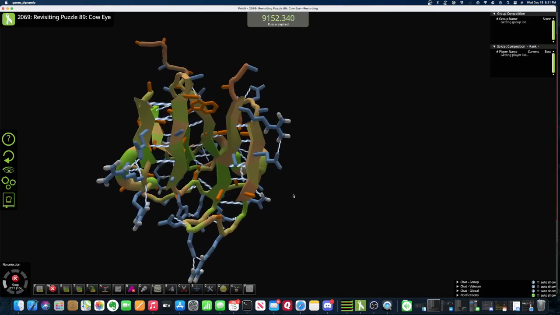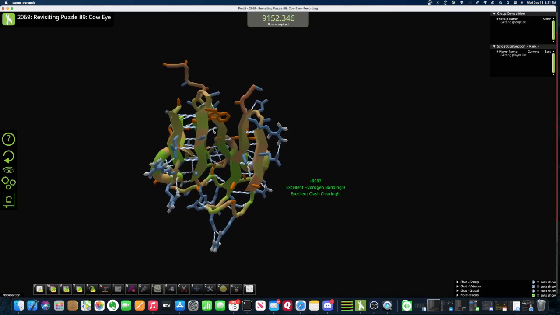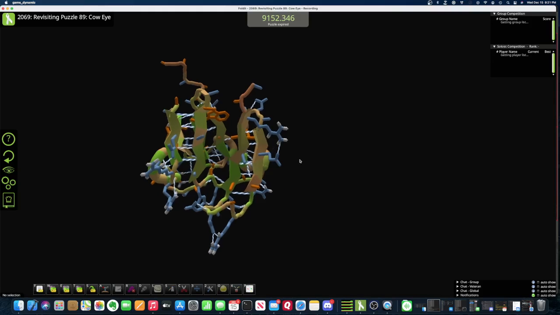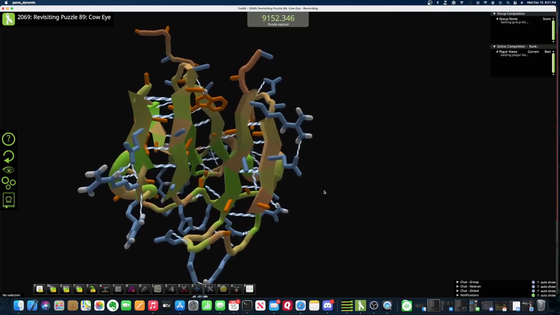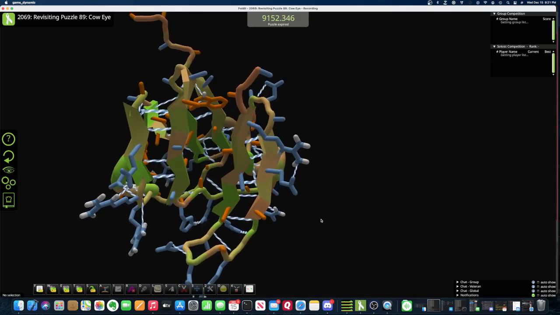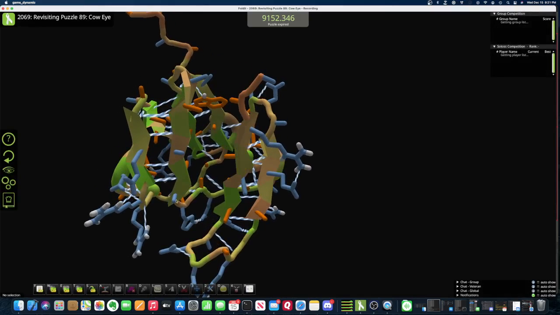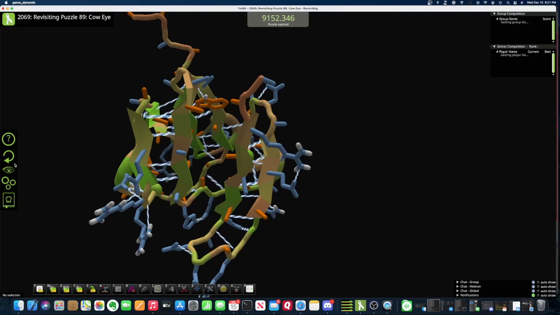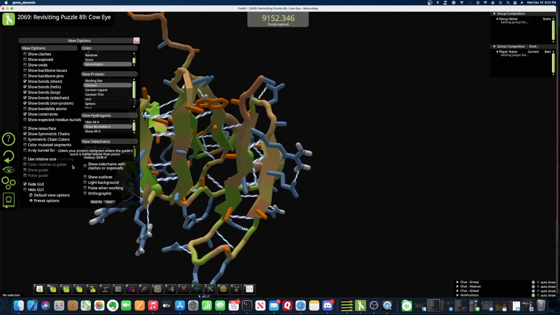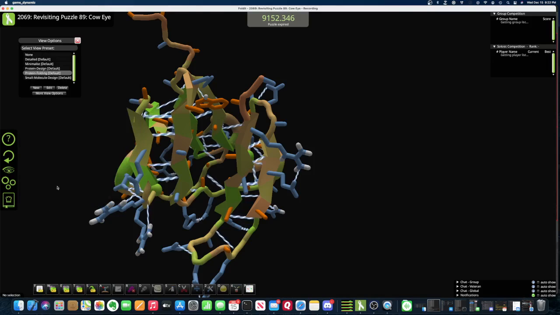The next thing we can do, since we looked at it and said these may want to be together, is see how we would fit them together. I should set my view options to preset options. Let's do protein folding.